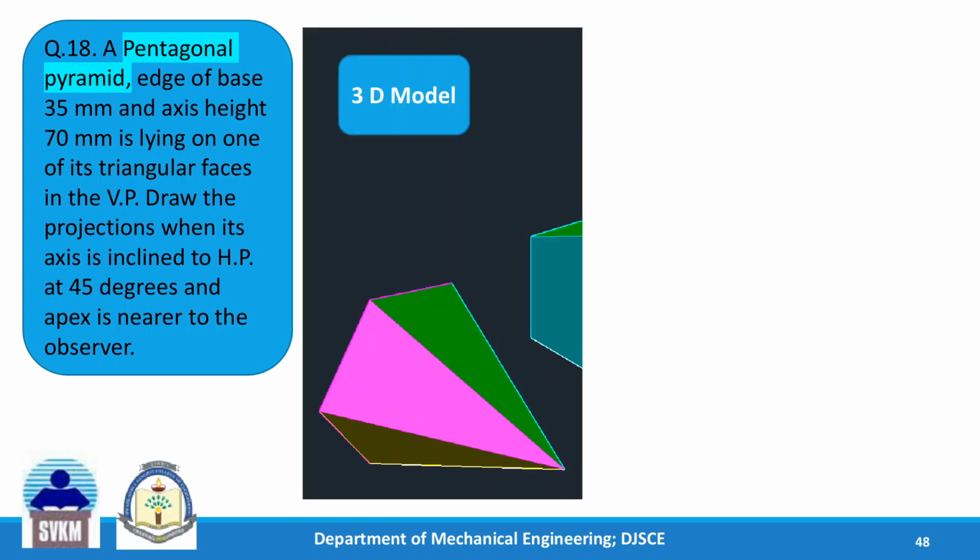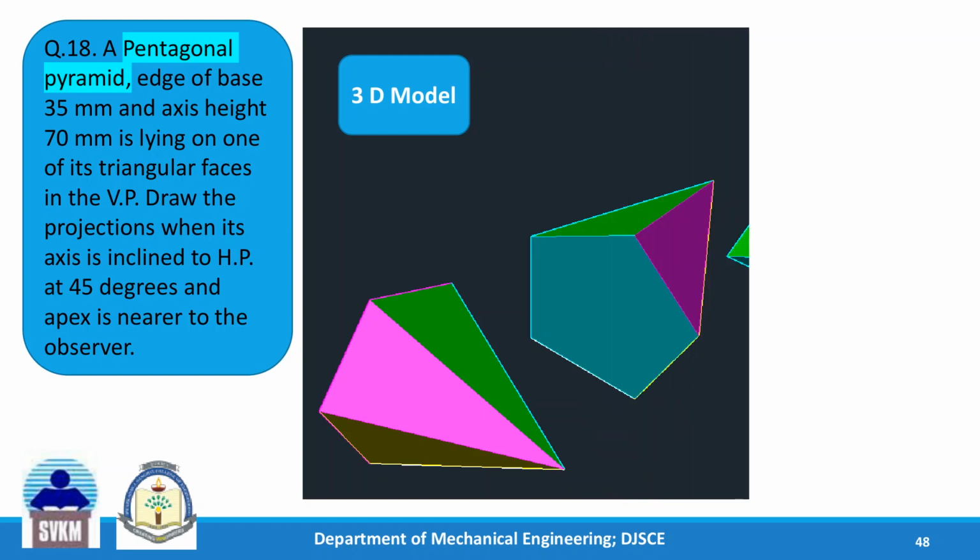See, this is the first step. We have kept the pyramid on VP. Second step, triangular face resting on VP. That is the data for the second step. We have tilted it so that this triangular face here, which is not seen here, is on VP. This is the second step.